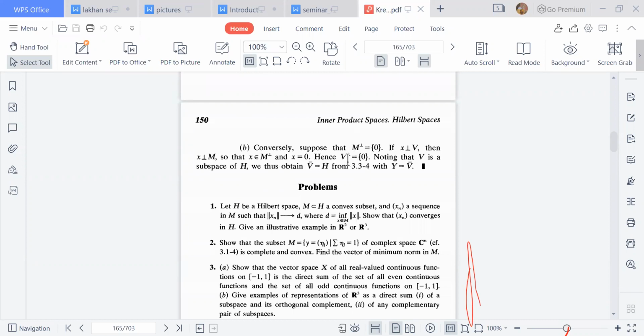Hence orthogonal complement of V is equal to 0. Because X is orthogonal to V, and we have shown that X is equal to 0, the orthogonal complement of V is the set containing only one element 0. Noting that V is a subspace of capital H, we thus obtain V bar is equal to capital H. In the theorem that we have learned, Y is equal to V bar.